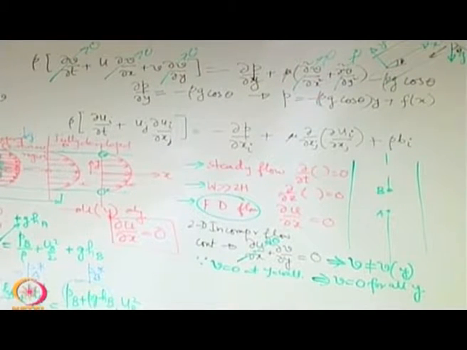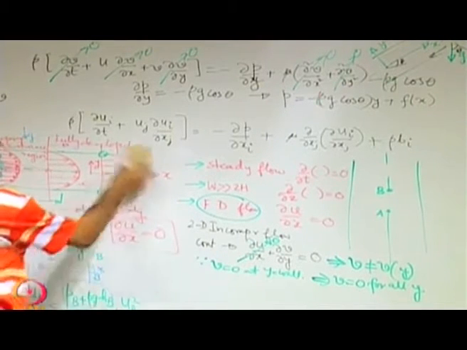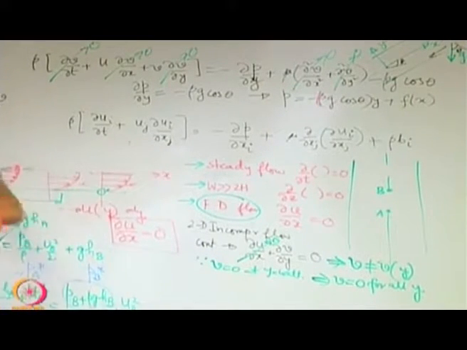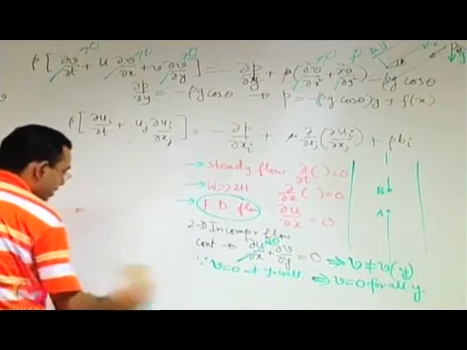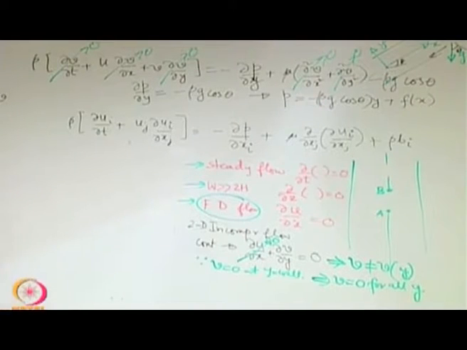right. Next let us look into the x component of the momentum equation, which will be the important equation for getting the velocity profile, but the background is important, otherwise you cannot simplify that equation. So let us write the x component.